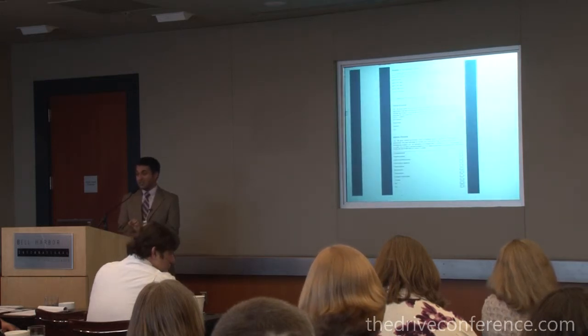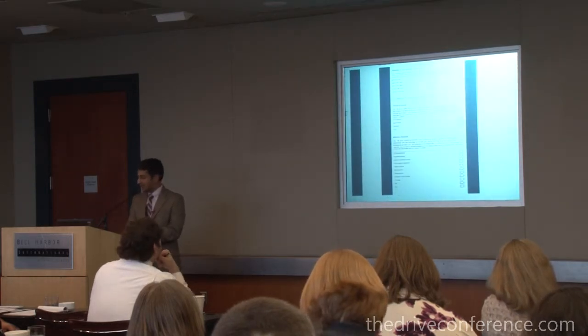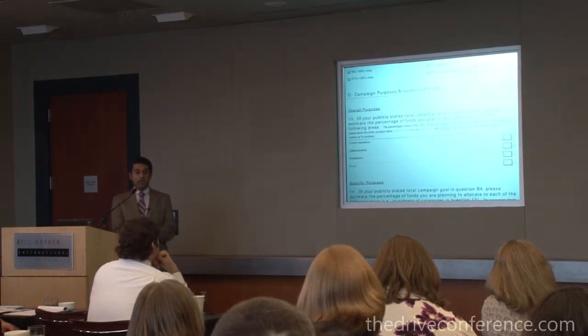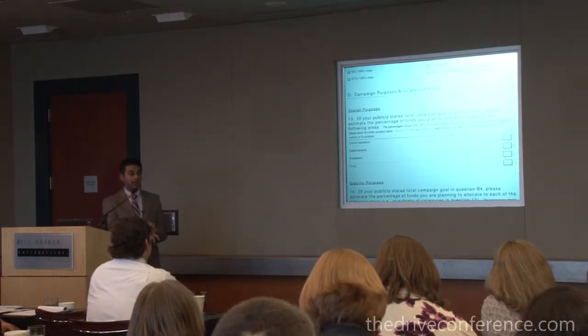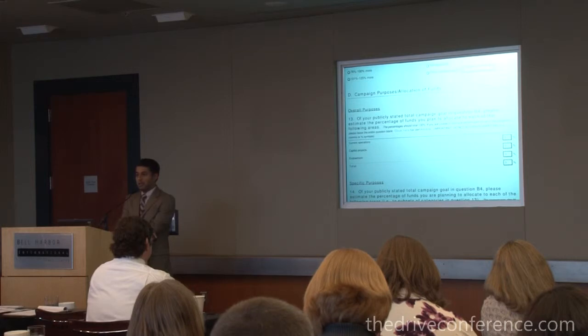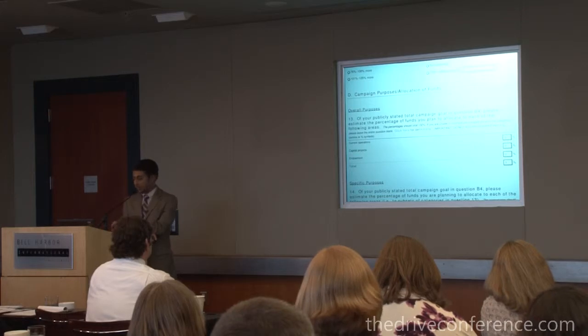So that's section C. Section D is more about what the purpose of the campaign is and where you're allocating these funds. Again, you saw this in one of the detailed reports that I put out there, the distribution of the campaign totals between current operations, capital projects, and endowment.